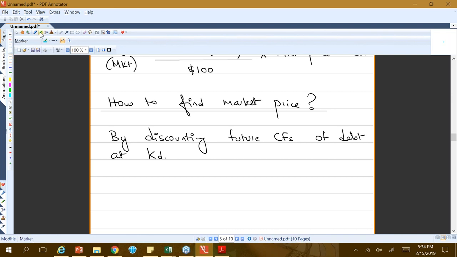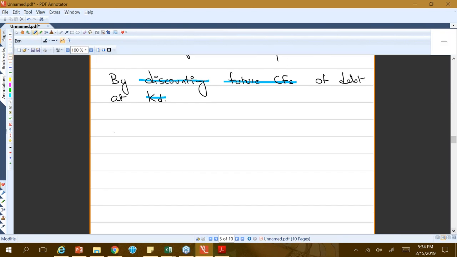Now there are three words here. Discounting, I'm sure we're all okay with discounting. Future cash flows and KD. So if you're okay with discounting, our aim here is to understand what sort of future cash flows and what is a KD.